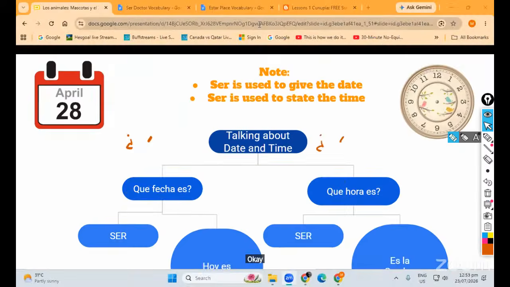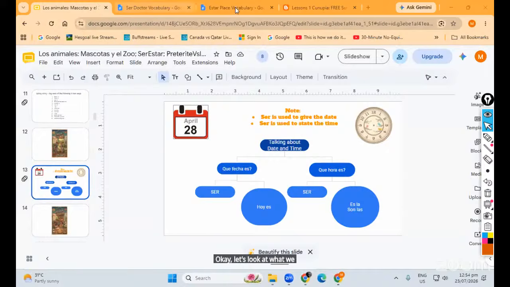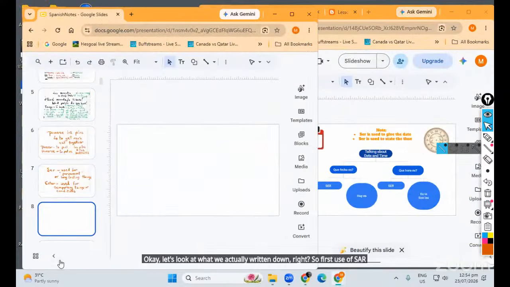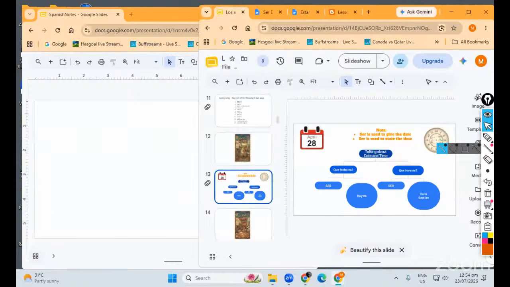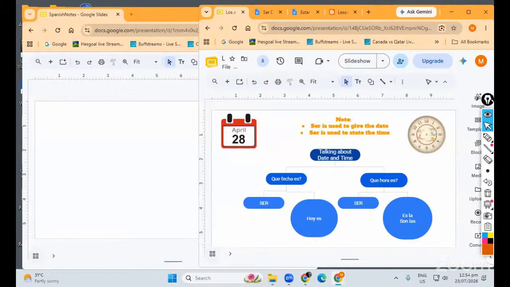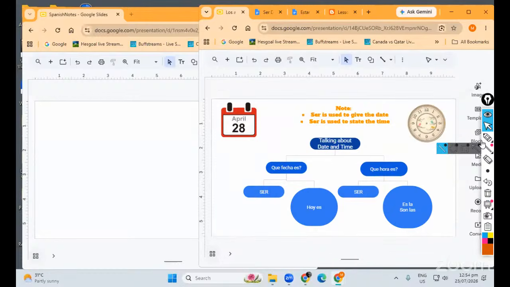Okay, let's look at what we're actually writing down, right? So first use of ser. All right, so this is our note side over here.